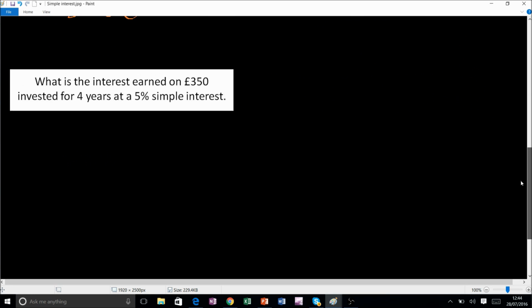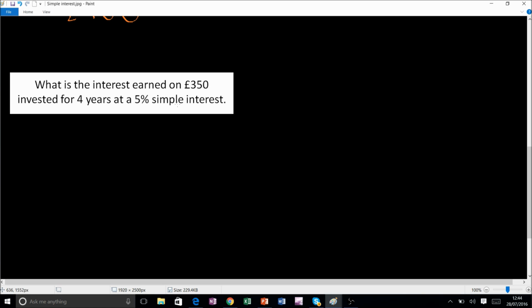Let's look at another one down here. What is the interest earned on £350 invested for 4 years at a 5% simple interest? Again, our initial deposit, our A, is 350 brackets 1 plus N. What is our N? Our N is 4, and our interest is 5%, which is written down as that.